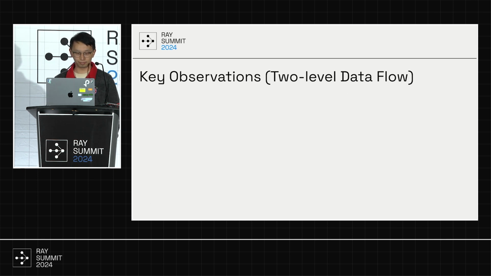Okay. Based on these two key observations, what we actually observe is that when scaling traditional classic RL to RLHF, where the central difference is that the model size scales significantly, the data flow problem of classic RL becomes two-level.